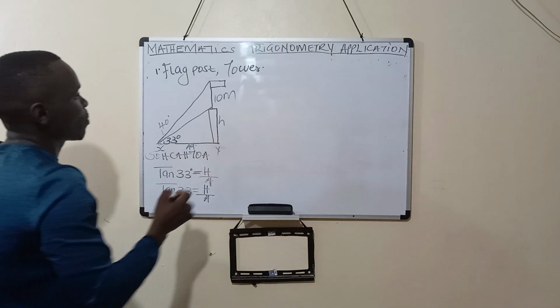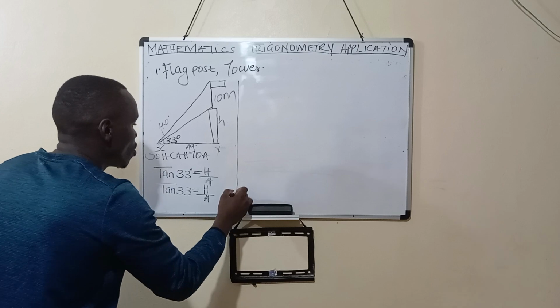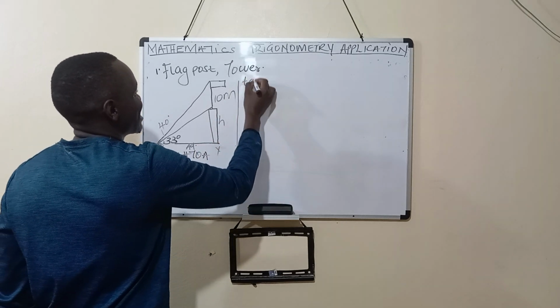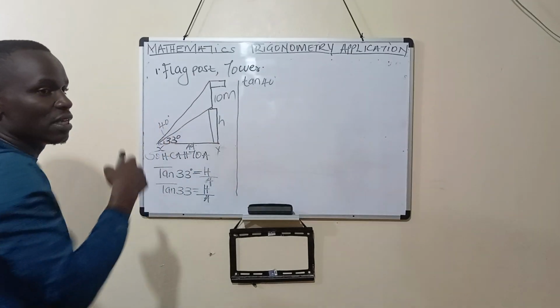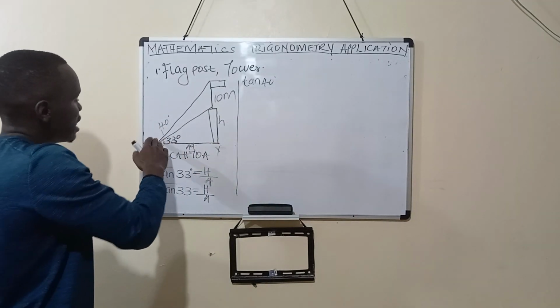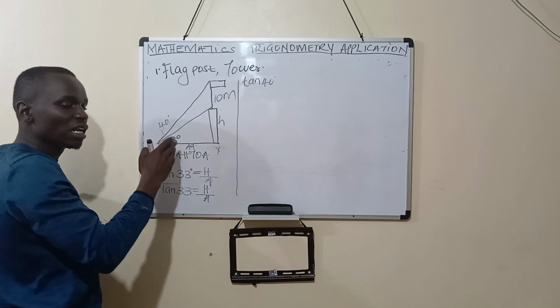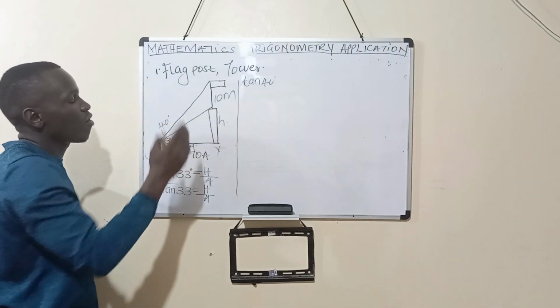The other part that you are supposed to observe is when we talk about tan 40 degrees. This is the whole angle, that angle plus some other 7 degrees to make it 40 degrees.